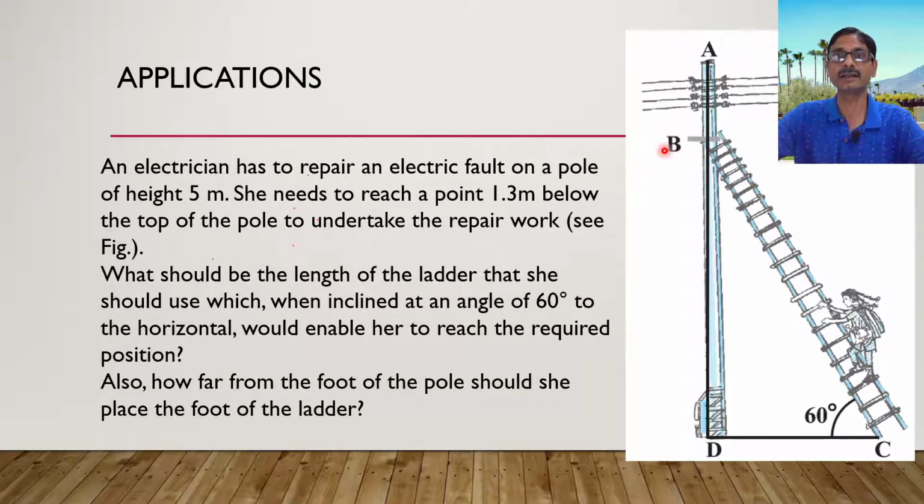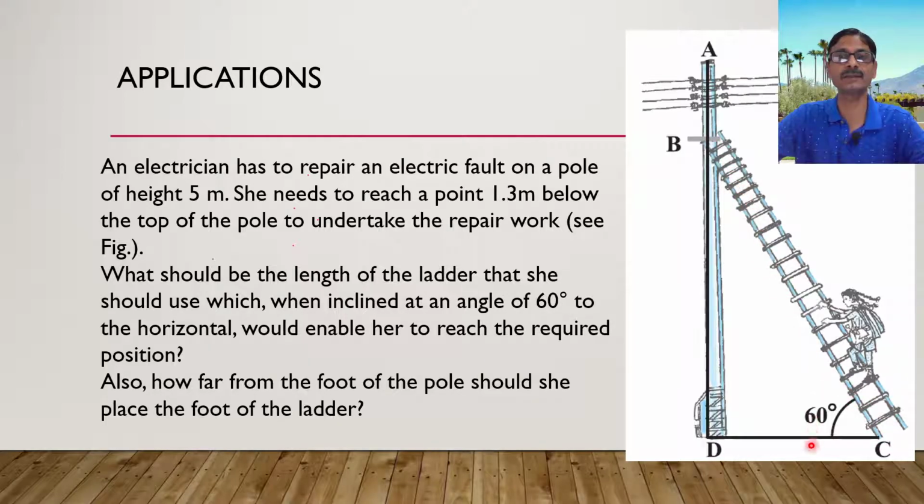She needs to undertake repair work at B. B is 1.3 meter below the top. What should be the length of the ladder that she should use, which when inclined at an angle of 60 degrees to the horizontal would enable her to reach the required position? She brings a ladder and she is wondering over the length of the ladder.